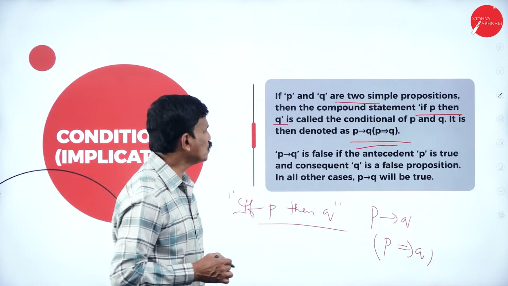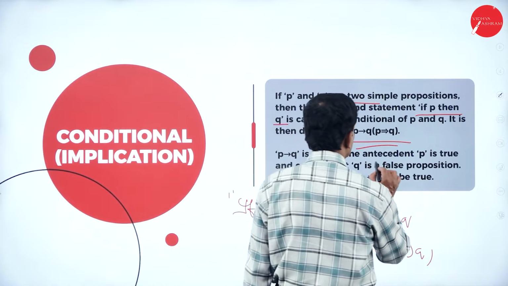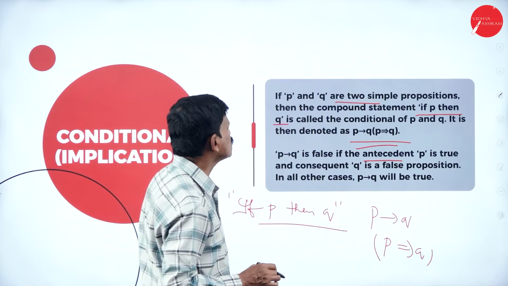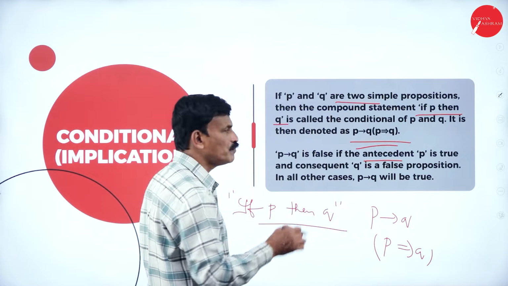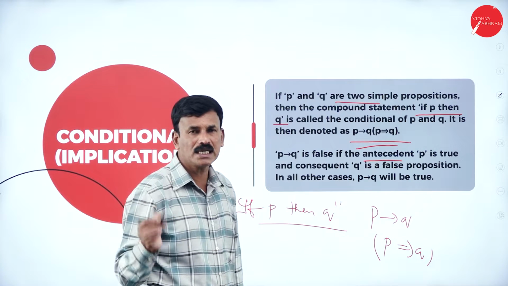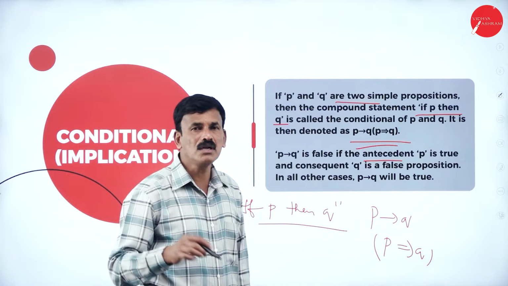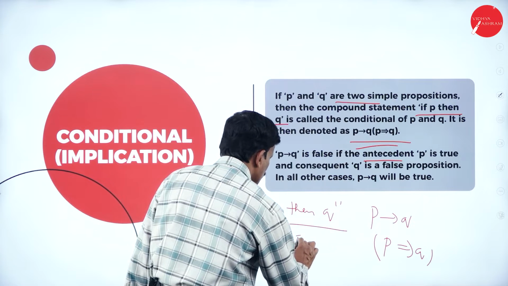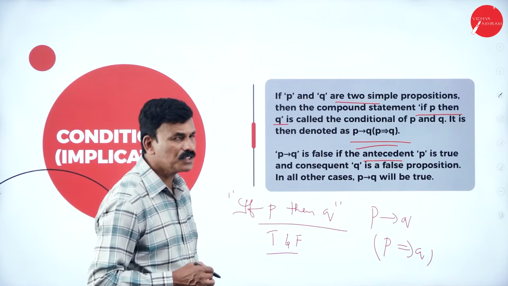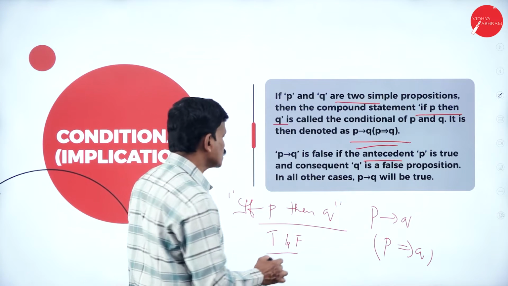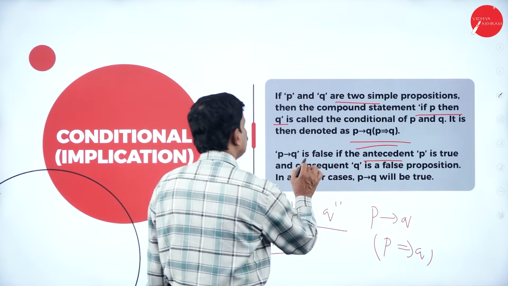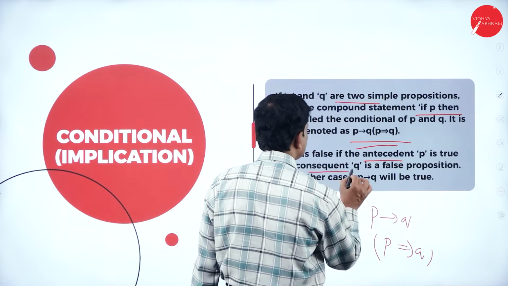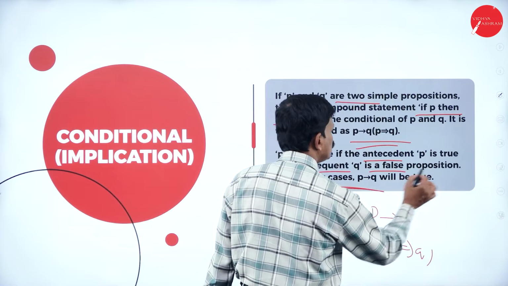So, P conditional to Q is false if the antecedent P is true and the consequent Q is false. That is, if P is true and Q is false, if T and F is there, then it is false.